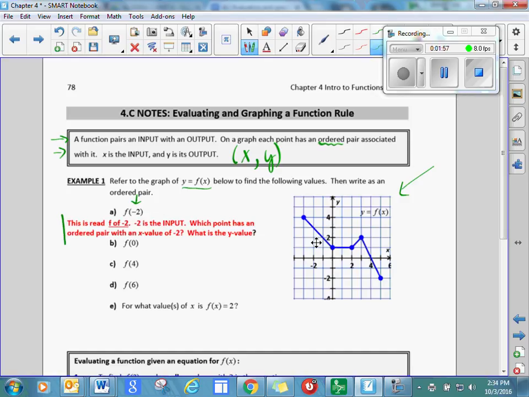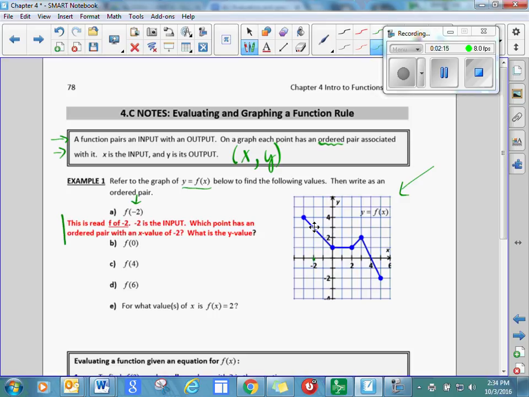So if we go over here on our graph and we go over to negative 2 on the x-axis, it's right here, and we want to find the y on our graph that's associated with this negative 2. Where does the y intersect?